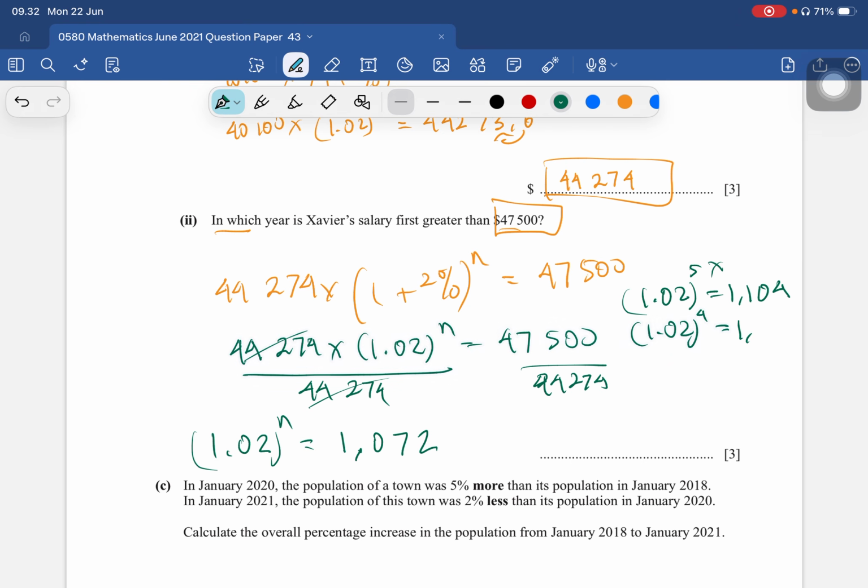This is 1.082. Okay, let's say 1.02 to the power of 3 is 1.061. So this is not greater than 1.072. So it is after 4 years. So 2015 plus 4 is going to be 2019.